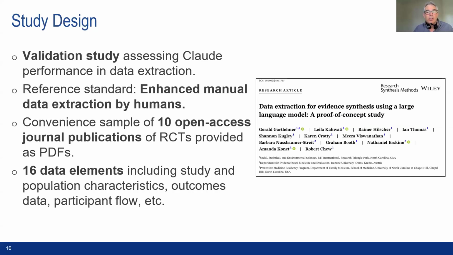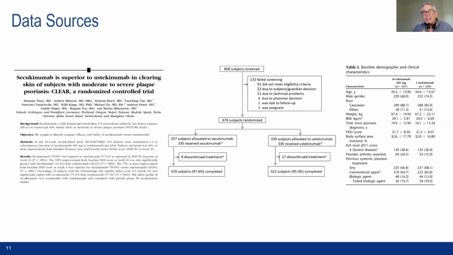We tested Claude on 10 randomized controlled trials of pharmaceutical interventions, asking it to extract 16 commonly used data items. But we selected the data items very specifically so that the large language model had to locate the information from different parts of the journal articles, such as text, tables, and graphs.